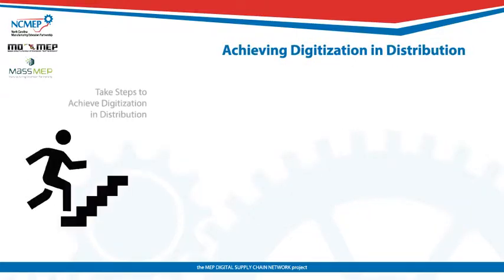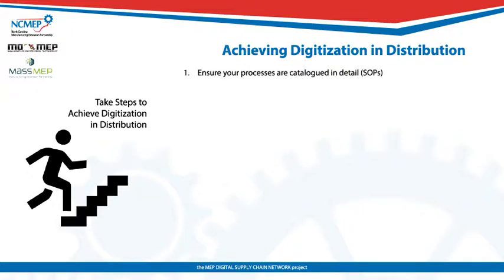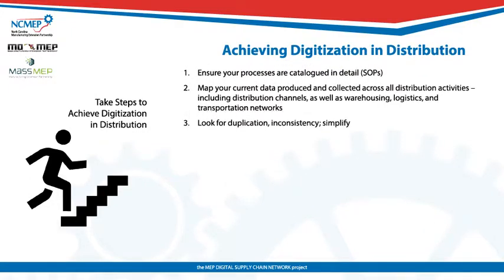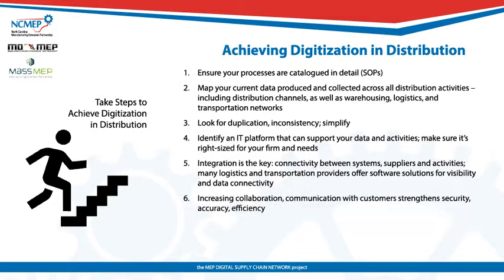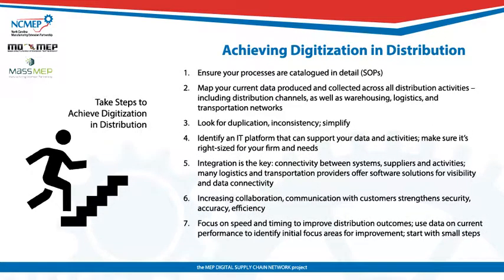As in procurement and production, achieving digitization in distribution is a multi-step process and begins with taking simple steps such as ensuring your processes are cataloged in SOPs or leveraging software or an IT platform to help you move into the digital environment. Either way, these steps forward can help your company improve distribution effectiveness and efficiency.